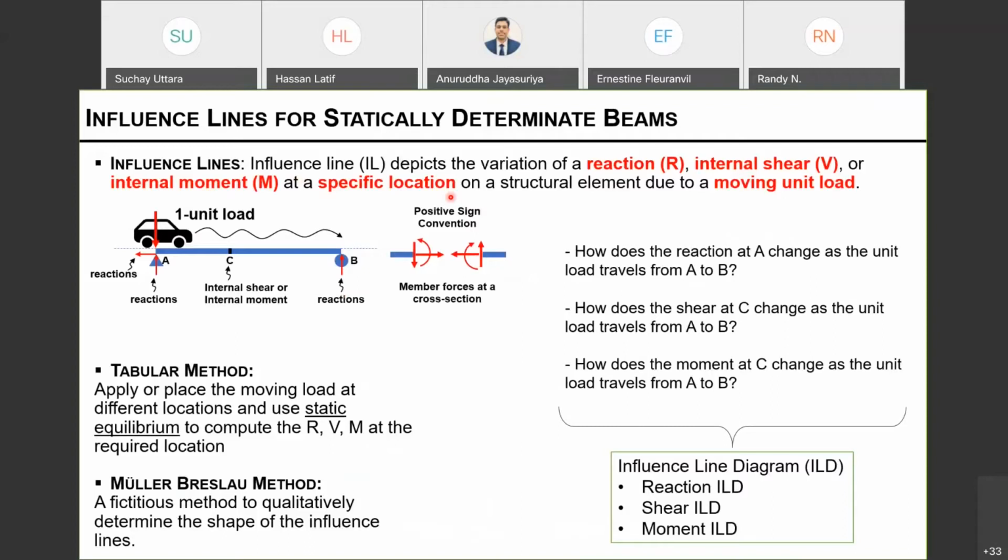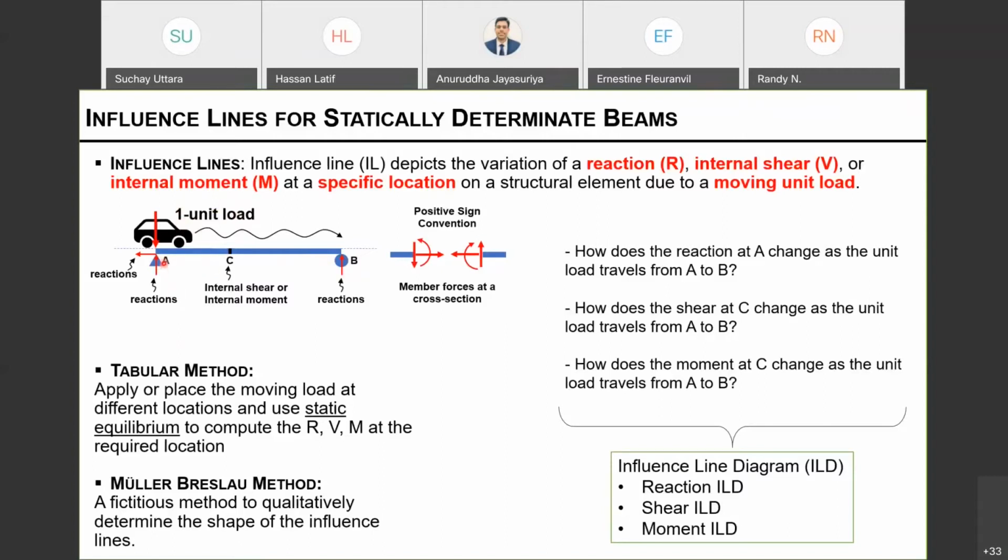And on this structural element, a load is moving from one end to the other, right? This moving load is represented by a unit load. Again, this could be 1 kip, 1 kilonewton, 1 newton, 1 pound. So it should be a 1 unit load. Okay. So for example, think about this member AB as a simply supported beam.